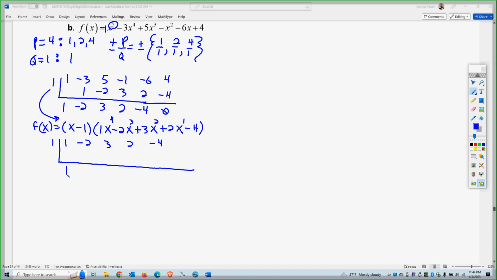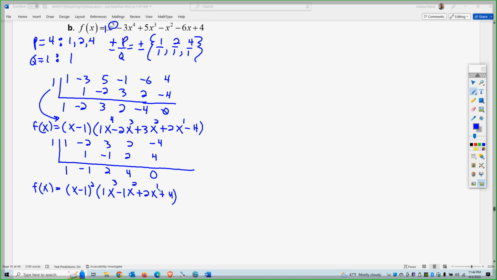Okay, so I'm going to add, then multiply by 1, and repeat that down the row. Oh, looks like that worked. So I get f of x equals x minus 1 a second time. So now I'm left with 1x minus 1x plus 2x plus 4. The prior problem was 4, so now this is down to 3 since we took 1 out.